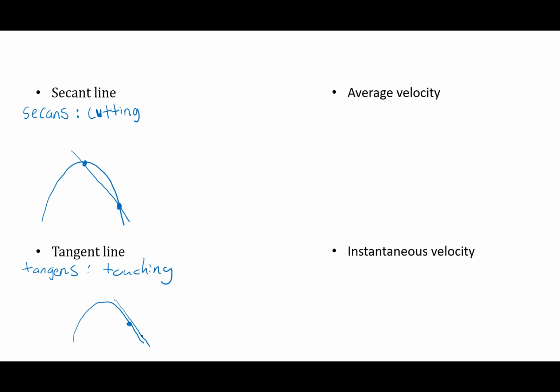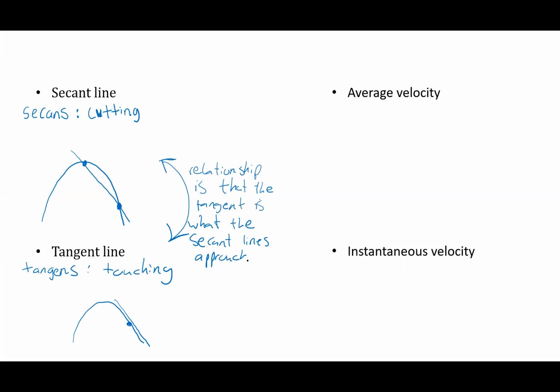That's a tangent line. And the relationship between a secant line and a tangent line, and that's the important part for today, is that the tangent line is what the secant lines approach as the run approaches 0.